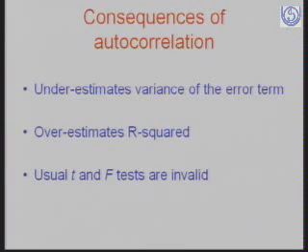So you get a peculiar situation: when taking the t test, the estimates are not significant, but when taking the R square value, the overall model is significant. That is contradictory. So when you encounter a situation where you have very high values of R squared, the model is explained very well, but the individual estimates are not significant, this could be because of autocorrelation. This is a very rough estimate, a crude guess, on the basis of which you can find out whether autocorrelation is present in the data or not.